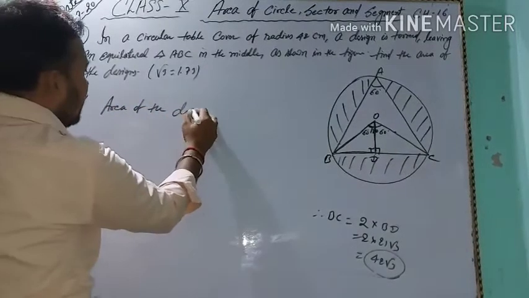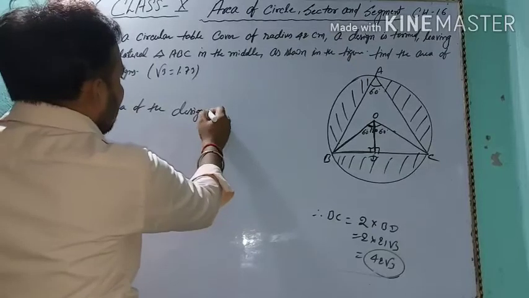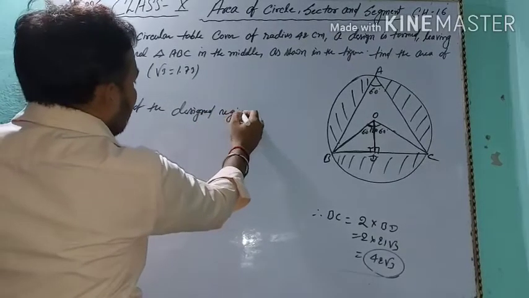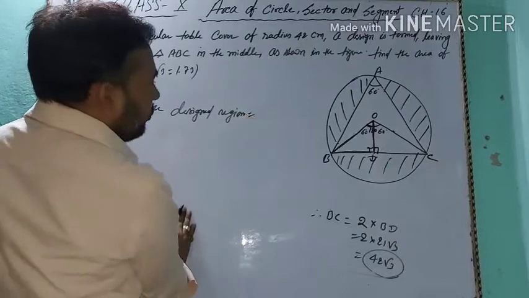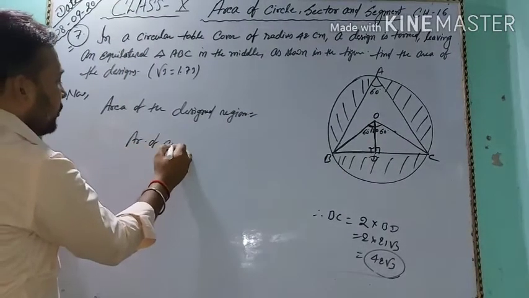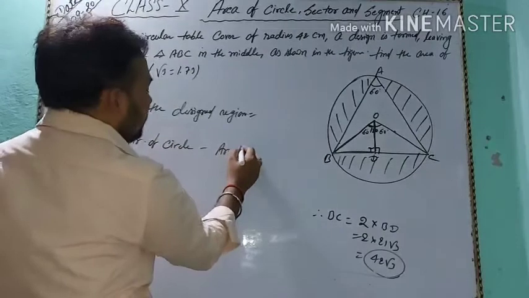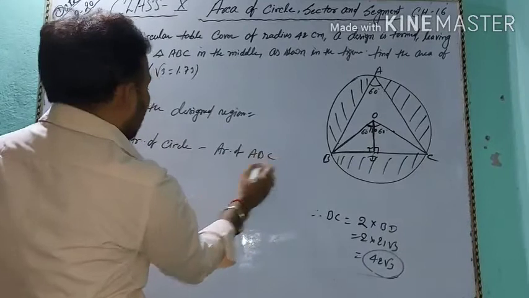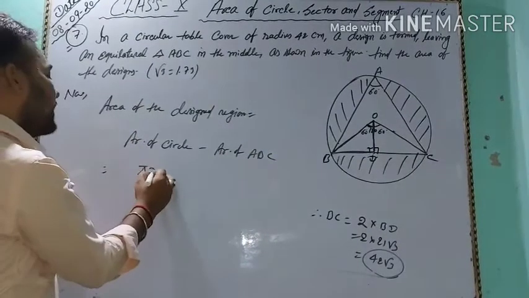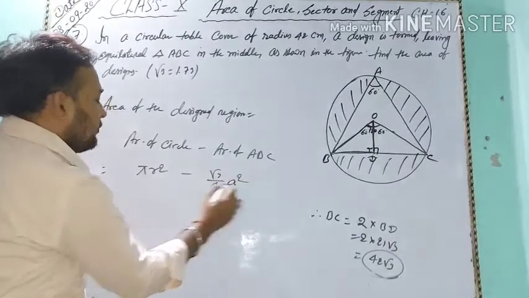design region equal to area of circle minus area of triangle ABC. So area of circle that is pi r square and minus root 3 by 4 side का square.